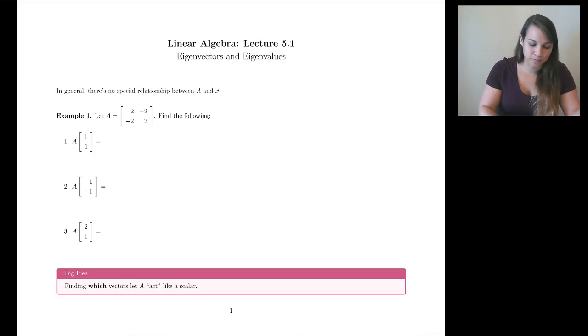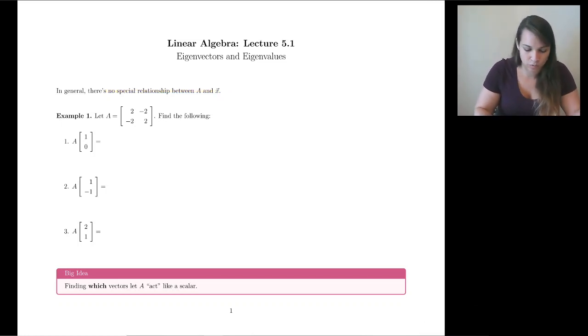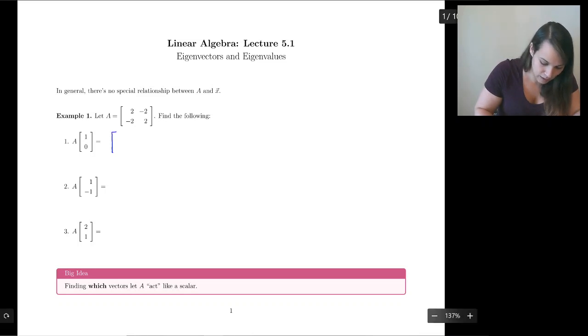In general, there is not a special relationship between A and the vector we multiply it with. To illustrate, let's go through a couple of examples. We've got this matrix A, and we're going to multiply it times the vector 1, 0, and we get 2, negative 2.